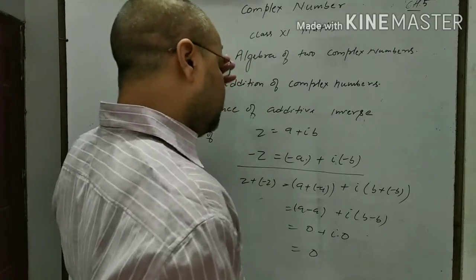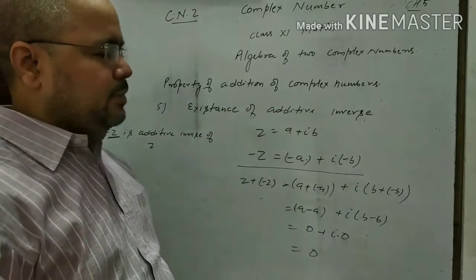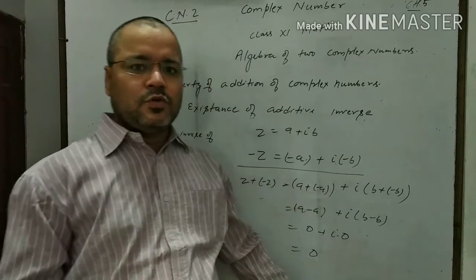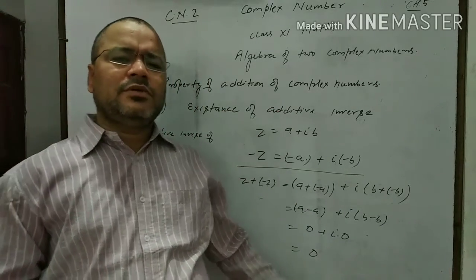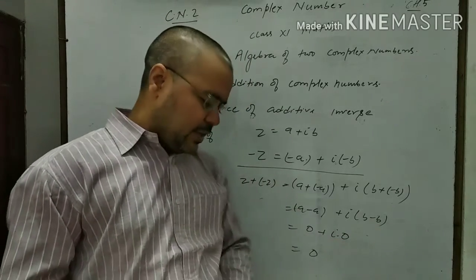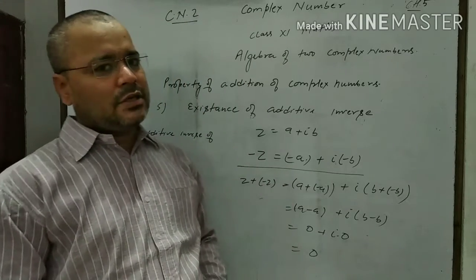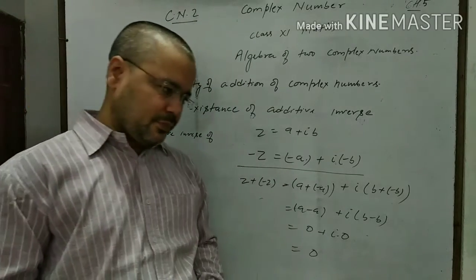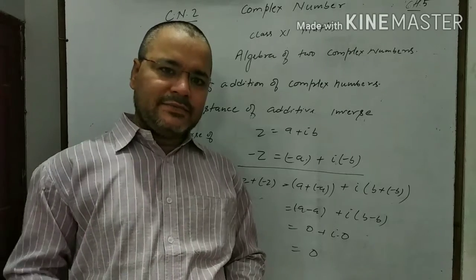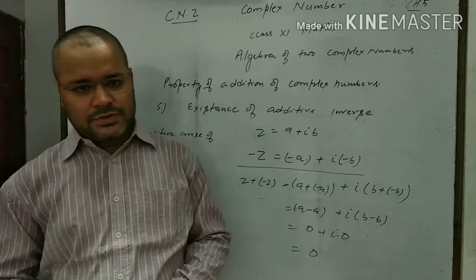In this way, we have just discussed the properties of addition in complex numbers. The first one is the closure property. The second one: addition of complex numbers is commutative. The third one: addition of complex numbers is associative. Then the existence of additive identity and the existence of additive inverse.